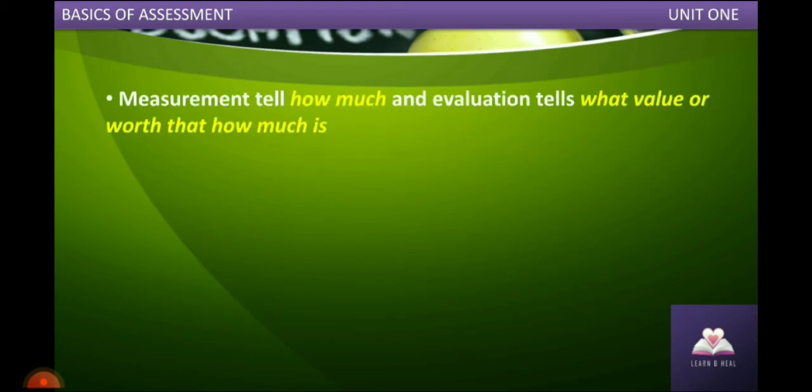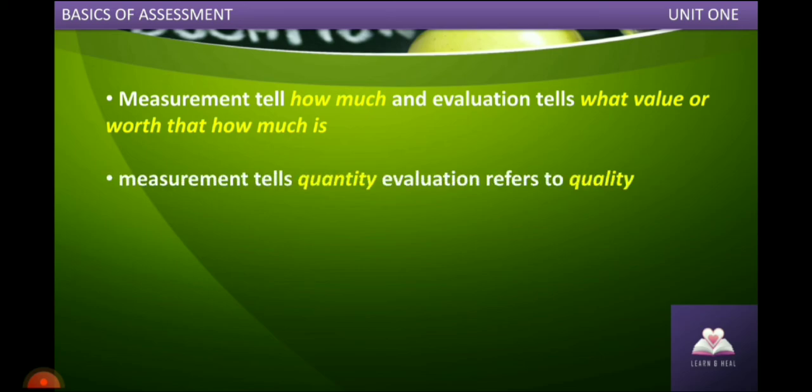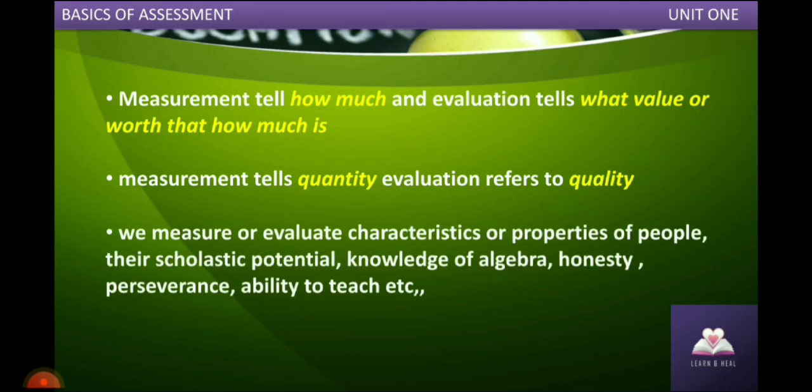And you can get a clear idea about the difference between measurement and evaluation. Measurement tells you how much, and evaluation tells what value, or actually what is the worth of that particular thing or object or activity. Simply we can say that measurement tells you about the quantity and evaluation gives you an idea about the quality. That is the major difference between measurement and evaluation.